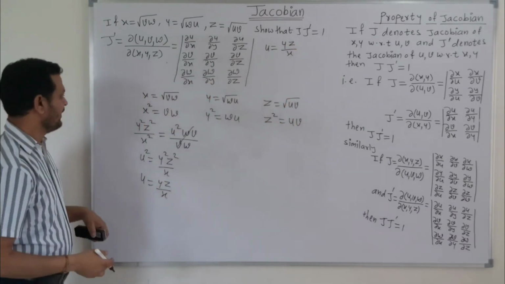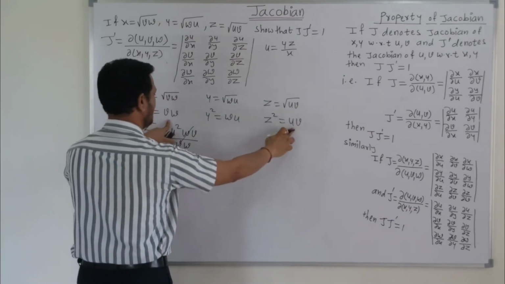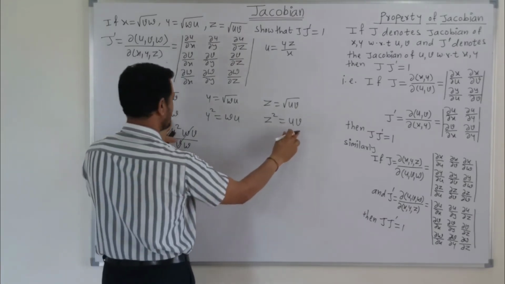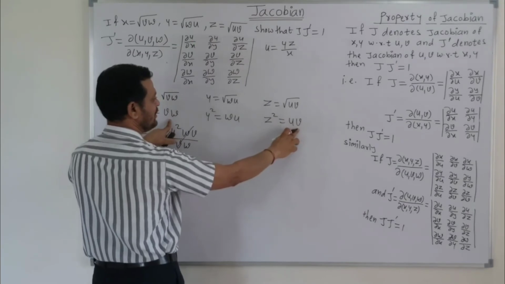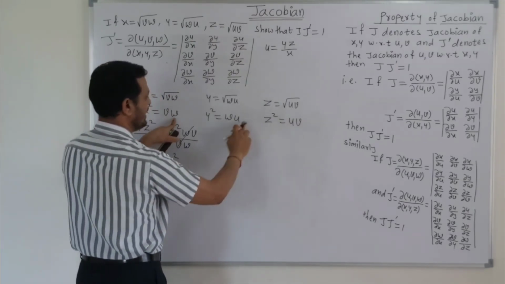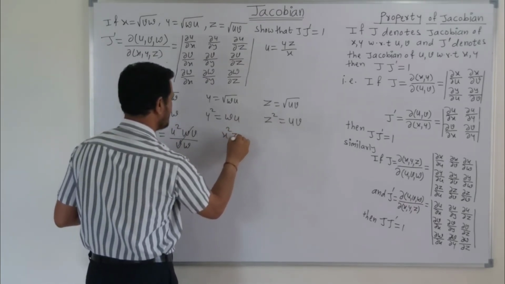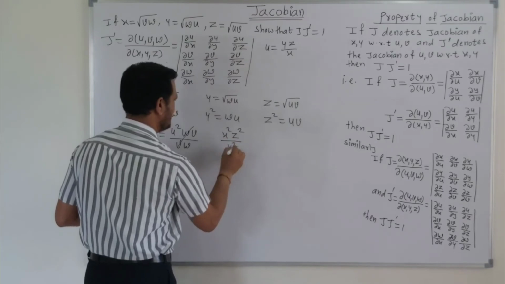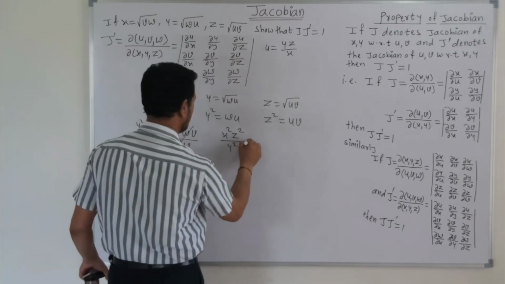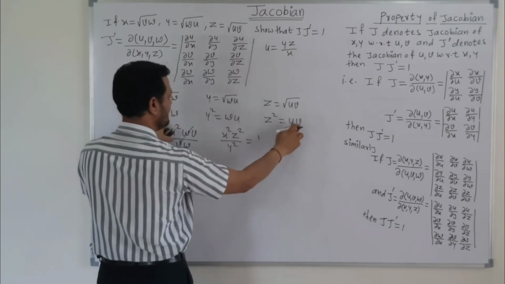Similarly, find the value of v. V is available in the first and last term. If we make the square of this term, then we get this as v into v square. Then the remaining term is u into w, and u into w is here. So we can take the product of x square and z square, and if we divide by y square, then this becomes x square. v into v is v square.